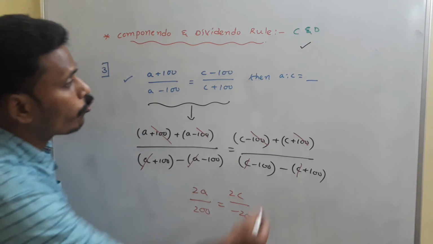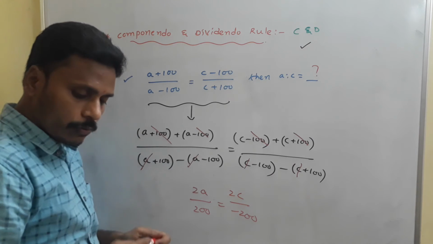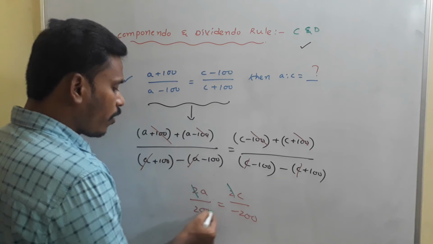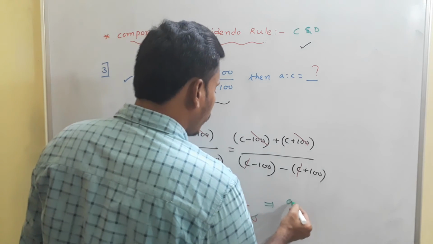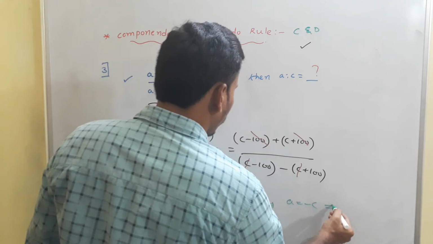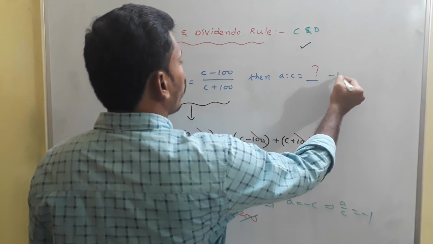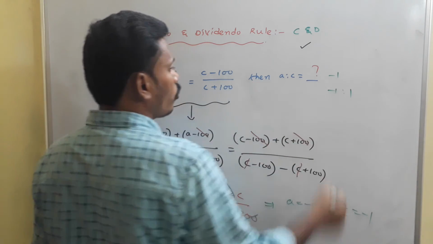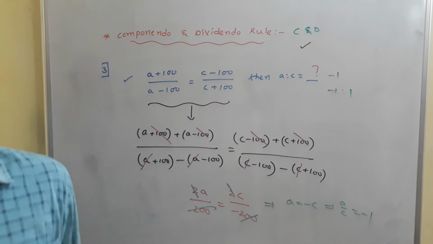Our target is to find the value of a is to c. See, very simple here if you observe. 2 and 2 get cancelled, right? And 200 and 200 get cancelled, right? So we have a is equal to minus c. So a/c is equal to minus 1. Then your answer for the problem is minus 1. Or if you wish to express it as a ratio, minus 1 is to 1 is your answer. Okay? There ends the problem. Have a look.